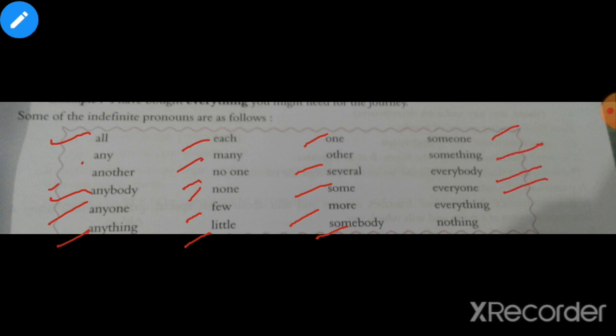Some of the indefinite pronouns are as follows: all, any, another, anybody, anyone, anything, each, many, no one, none, few, little, one, other, several, some, more, somebody, someone, something, everybody, everyone, everything, nothing.